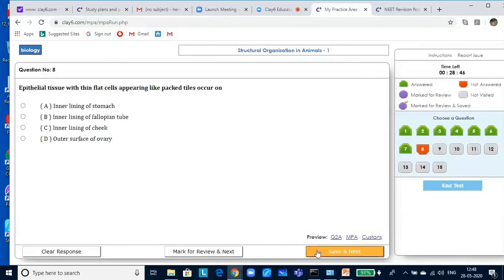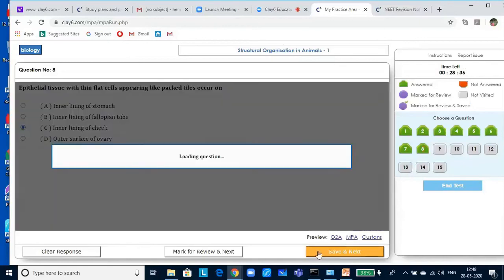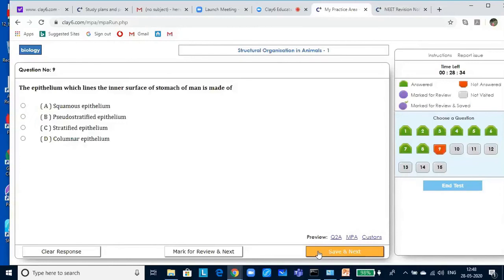Epithelial tissue with thin flat cells appearing like tiled cells occurs on the inner lining of the cheek. The epithelium which lines the inner surface of the stomach of man is made up of columnar epithelium.